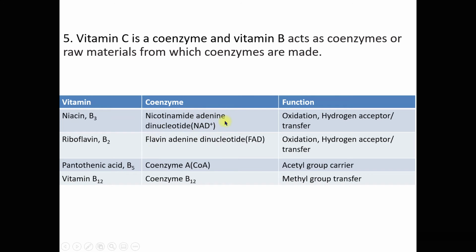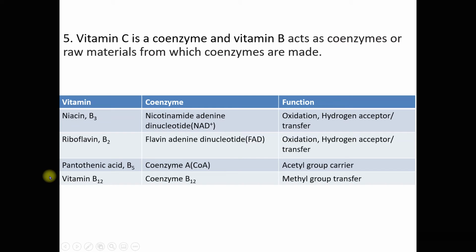The function of NAD plus is for oxidation, as a hydrogen acceptor or for hydrogen transfer. Vitamin B2, or riboflavin, is needed to synthesize flavin adenine dinucleotide, or FAD. FAD functions the same as NAD plus, for oxidation, as a hydrogen acceptor or for hydrogen transfer.